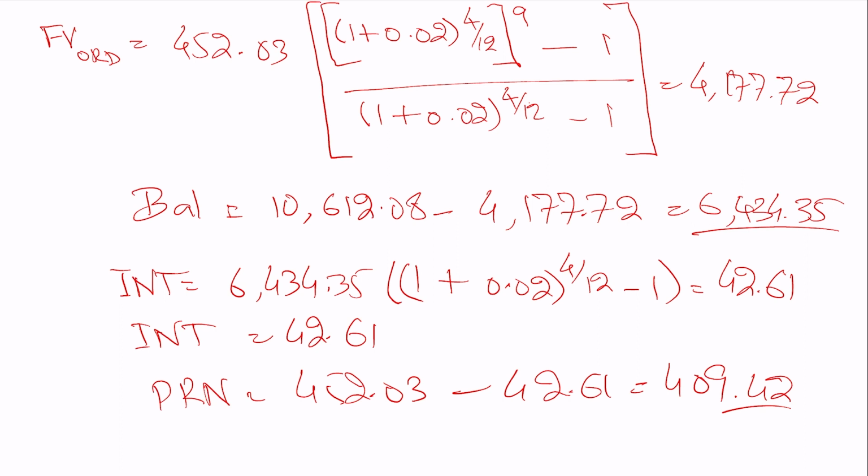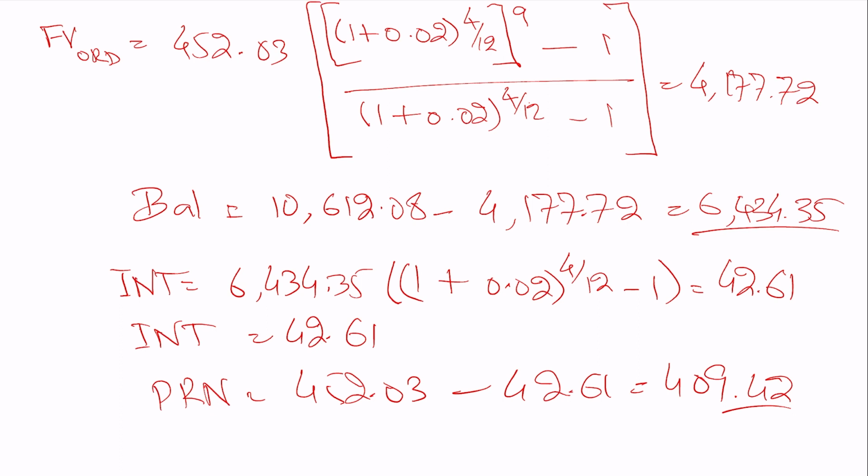Now once again, I am going to repeat what the process is. We have to find out the future value of the loan on the day where we want to calculate it, the payment period where we want to calculate the principal and the interest component of the payment. So first of all, if the PMT is given, we calculate the future value of the loan; otherwise you have to calculate the PMT first.